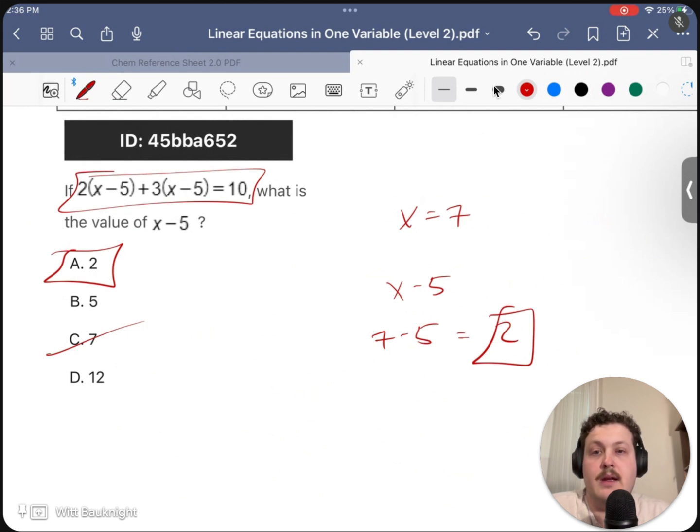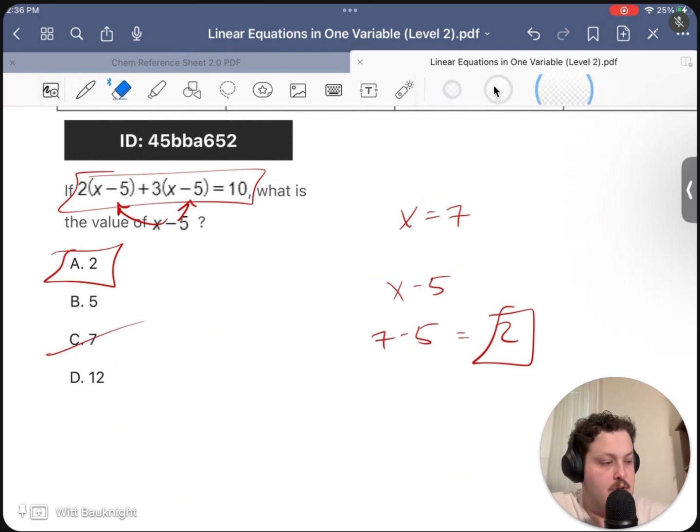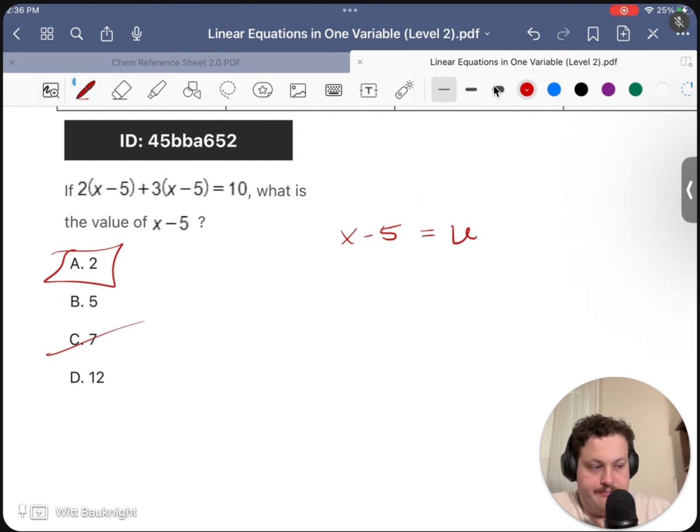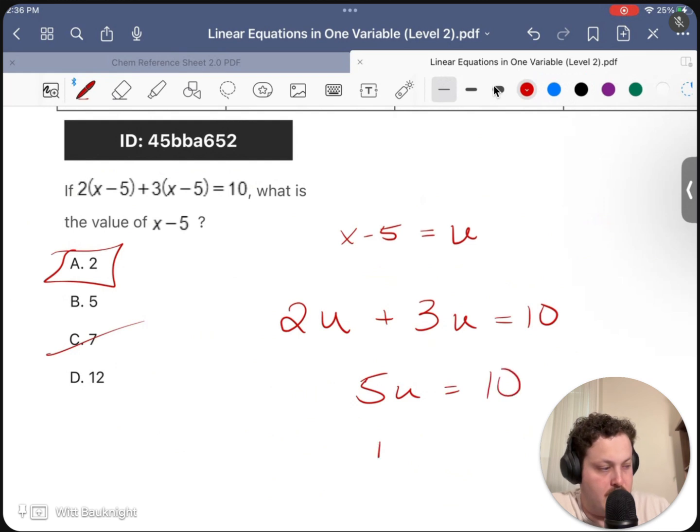Wonderful. Now, what we did was totally fine, but I am seeing a better way of doing this. I noticed that x minus 5 is in both of those, so I might just do a substitution. x minus 5, let's call that u. 2u plus 3u equals 10. 5u equals 10. u equals 2.